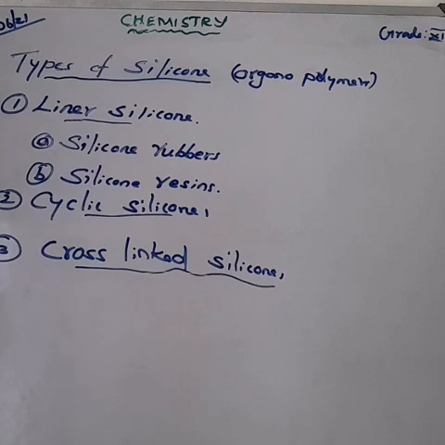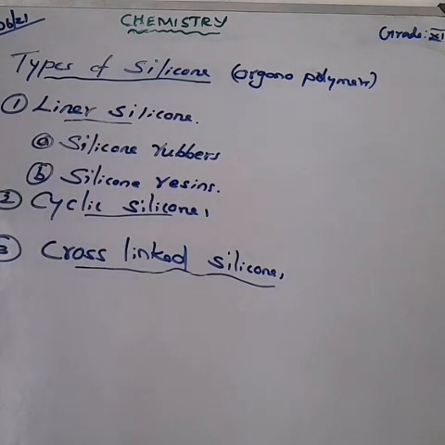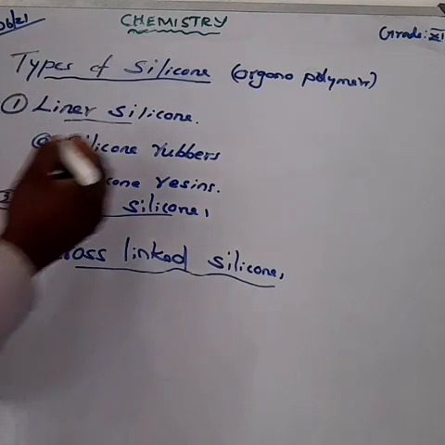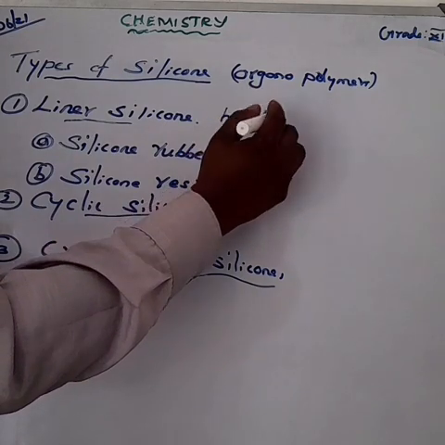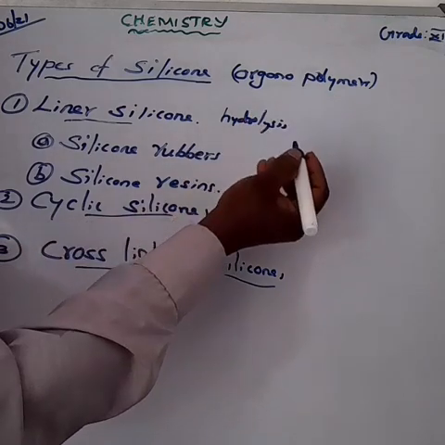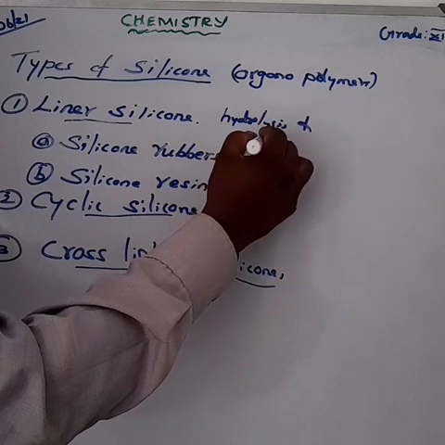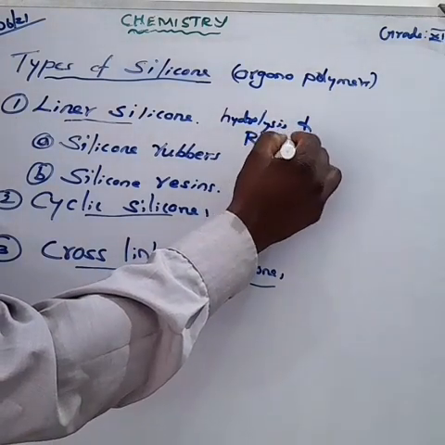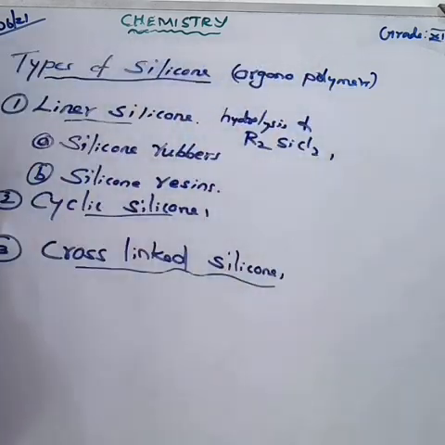Am I right? Here, what are the linear silicones? The linear silicones are obtained by the hydrolysis and condensation of dialkyl silicon chlorides, otherwise diaryl silicon chlorides.